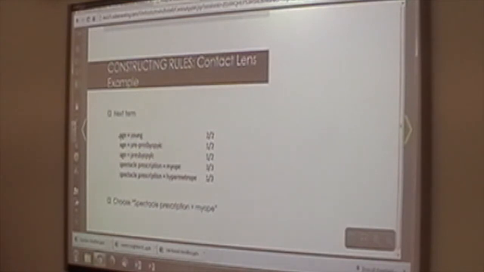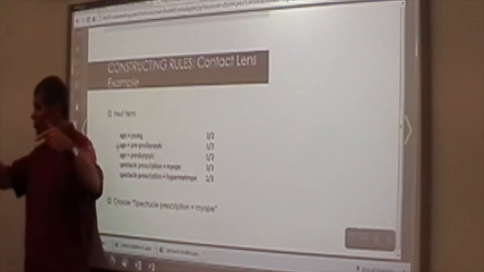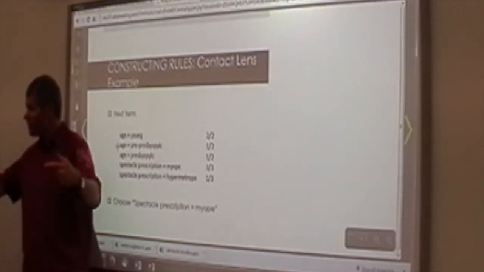So now this time we can look at the 3 different ages, young, presbyopic, and pre-presbyopic, and the spectacle prescription. And notice that here we have 2 of the remaining 2 cases covered.